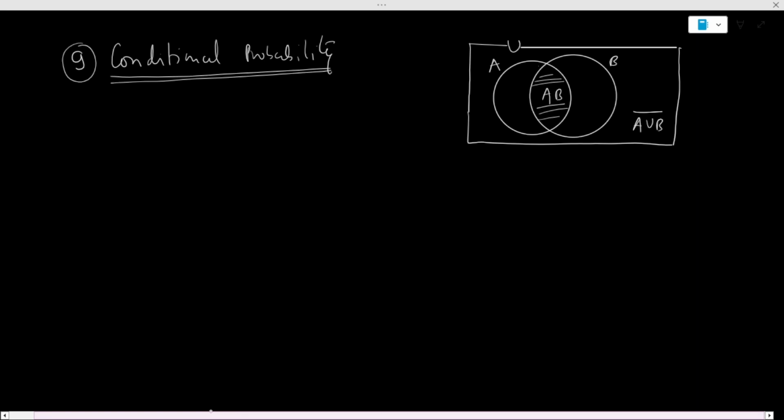So the understanding of conditional probability lies in understanding the probability of AB. In how many ways can we write this relationship of probability of AB, that is, A intersection B?